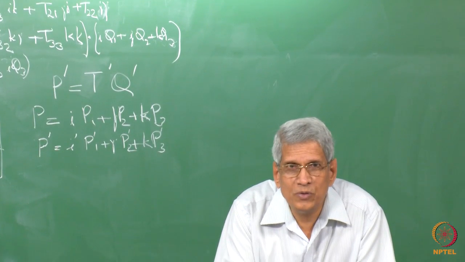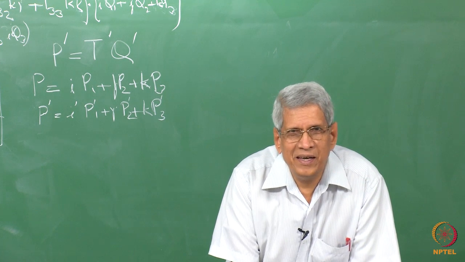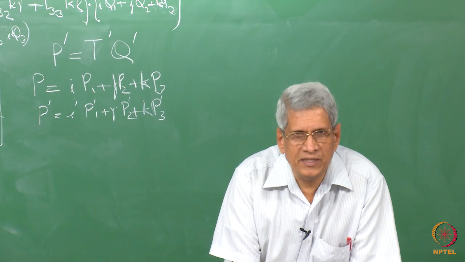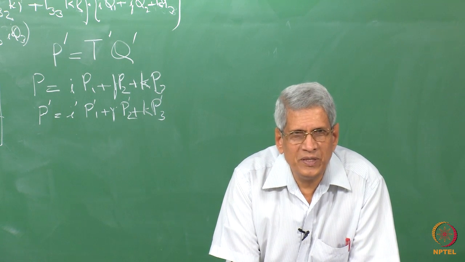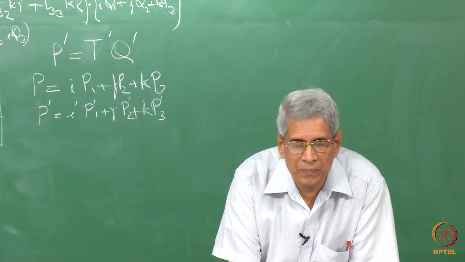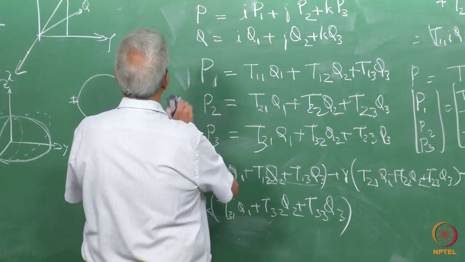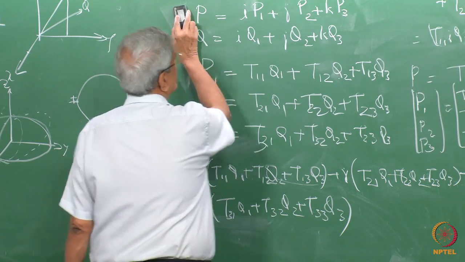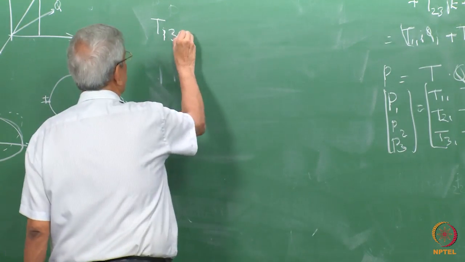So this way is very exact, you get the correct answer, but the number of terms becomes very large. So is there any way in which this could be simplified and written? In fact, if you try to look at any specific coefficient, suppose we look at T13, it is ik, correct?